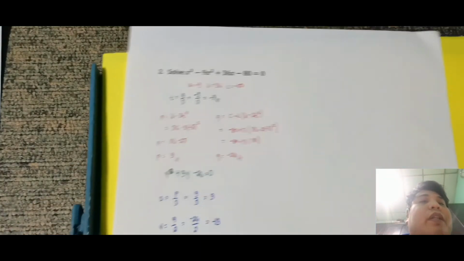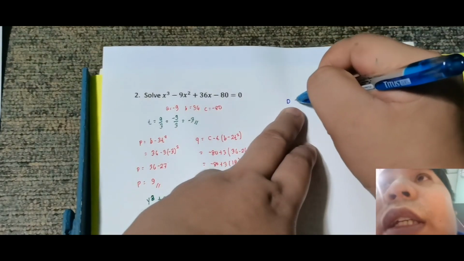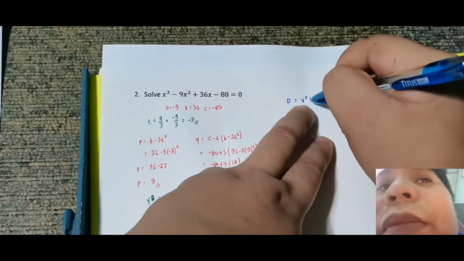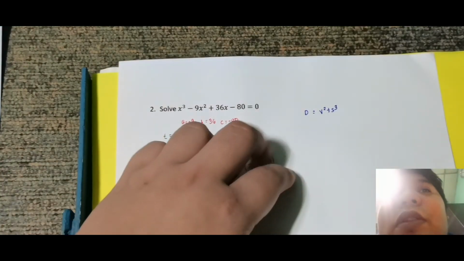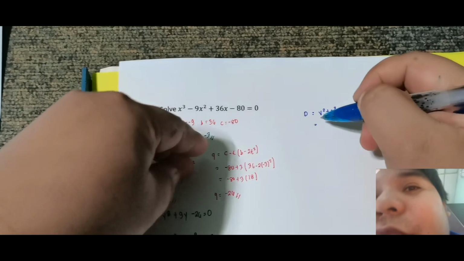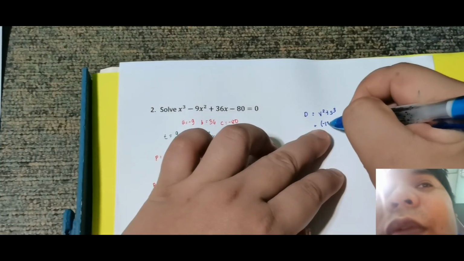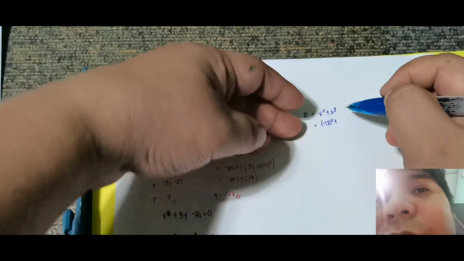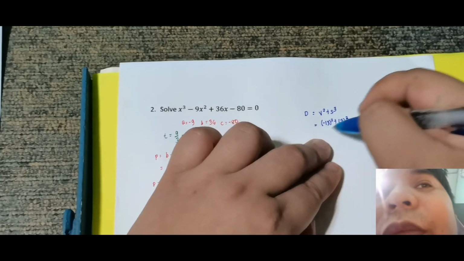Then we need to find the value of discriminant D. The value of discriminant D is B squared plus S cubed. Buti pa dito, bilis ko mag-solve. So B is negative 13 squared plus 3 cubed.